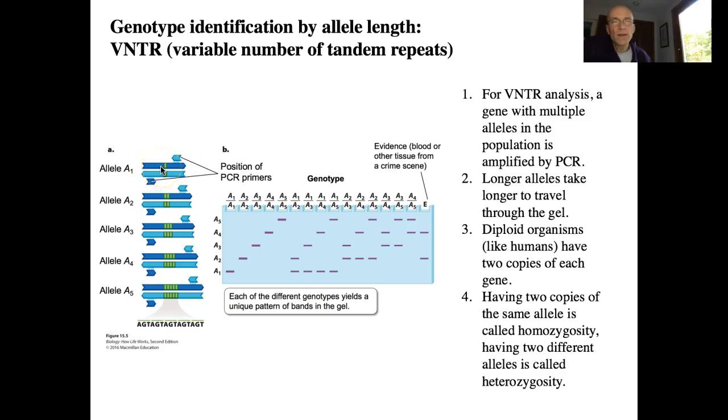So if you only have one copy of it or a few copies of it, that's not usually enough to see on an agarose electrophoresis gel. And so that's why they get amplified. They get amplified by this technique that's called polymerase chain reaction that uses molecules here and here that bind specifically to the ends that you want to amplify.